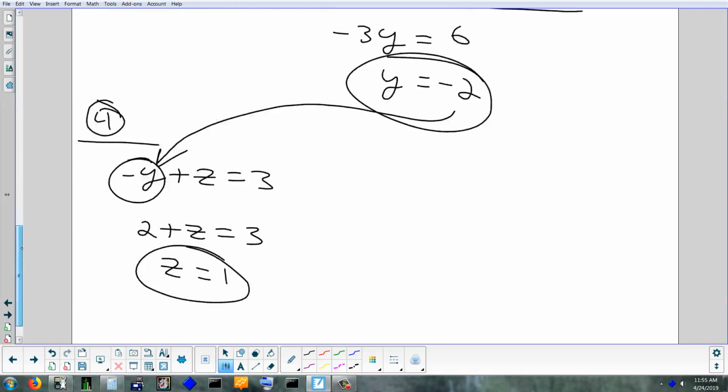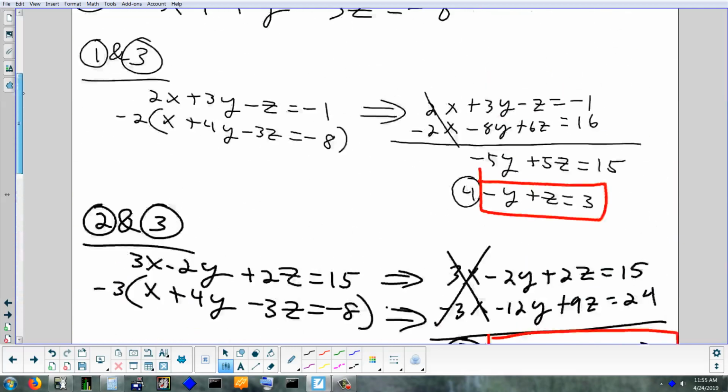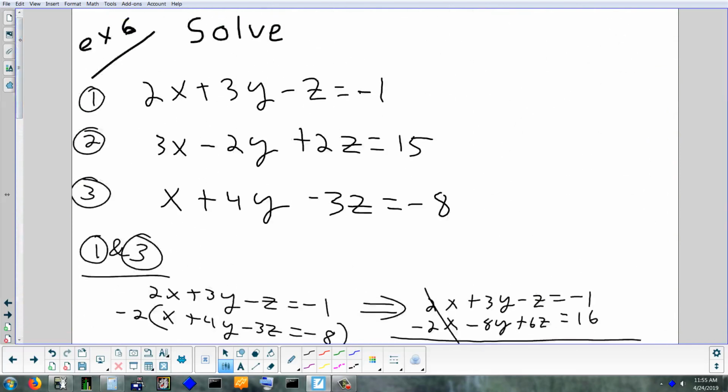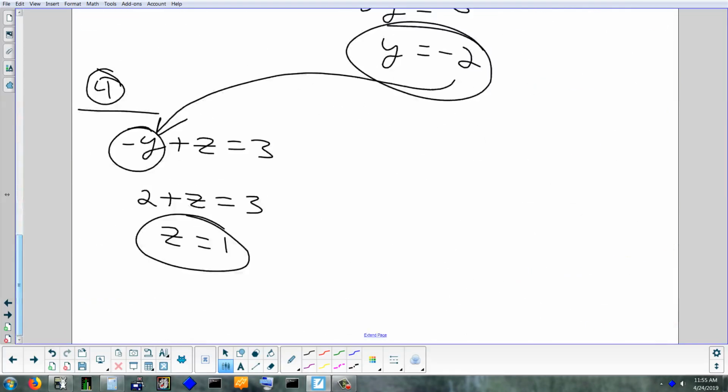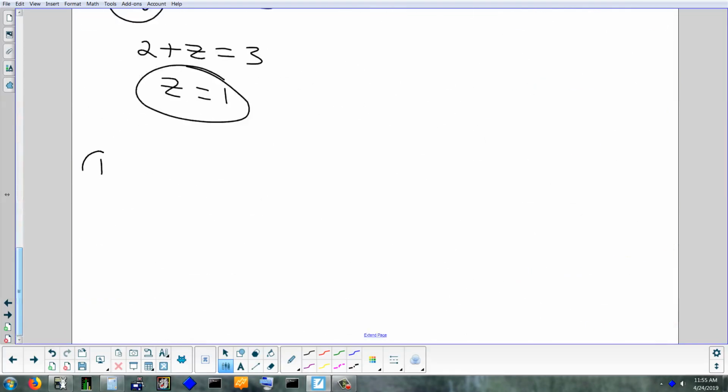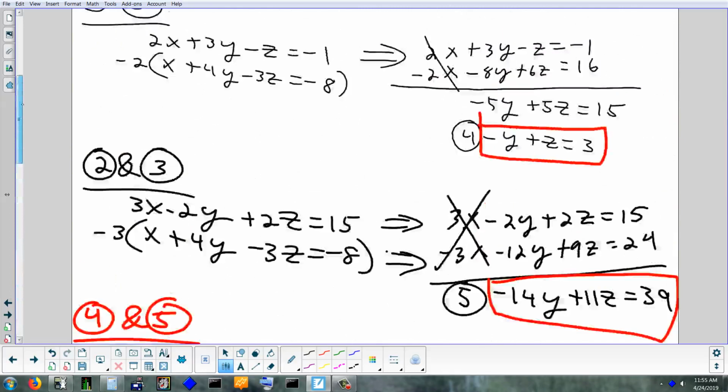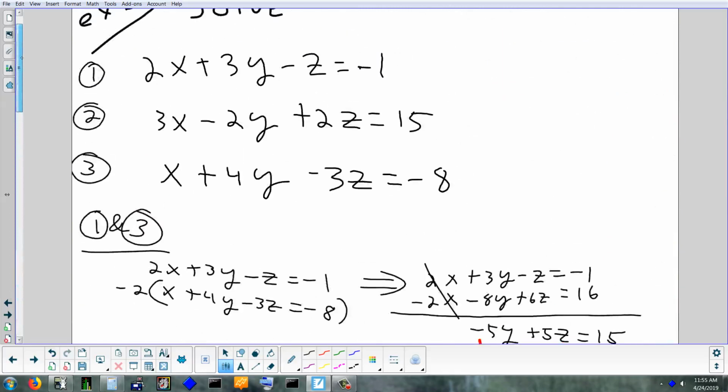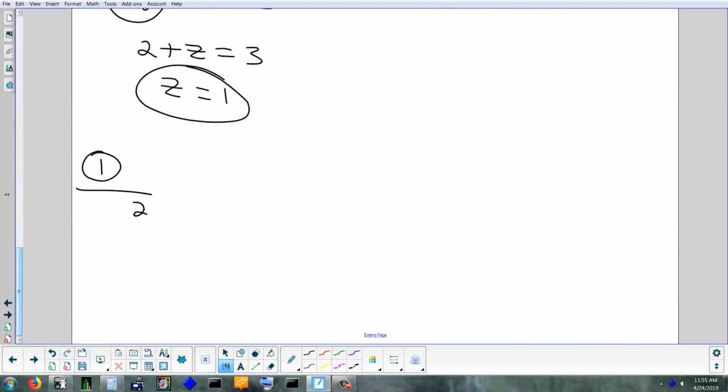Last thing I need is what? X. Now to get x, go all the way back to the original and pick any one you want. First one. Okay. So use the first one. Let's write it down. 2x plus 3y minus z. What was it equal to? -1.